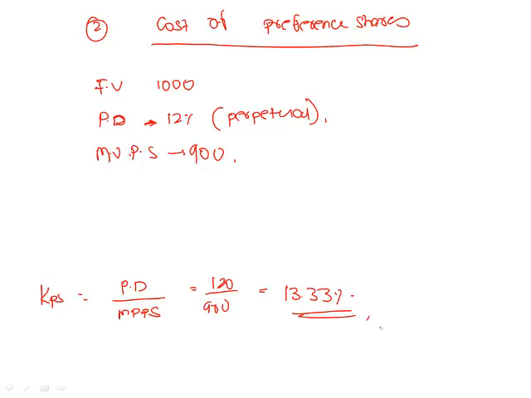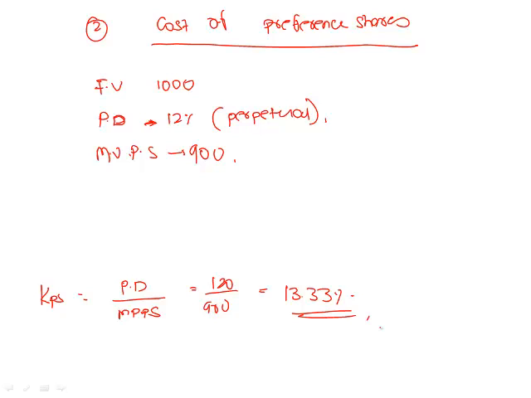And do we have to make a tax adjustment for preference share? No. Are we good to move now?